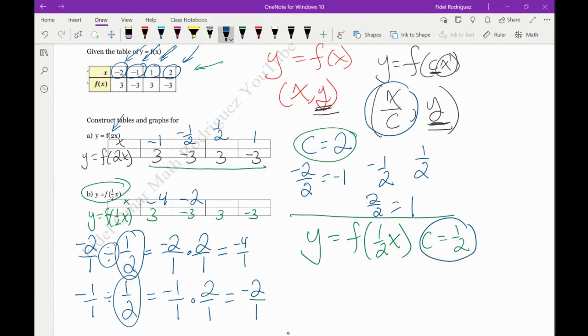And we'll do the same thing for the third one. So we're going to take 1. I'm going to think about it as 1 over 1 divided by 1/2. So that becomes 1 over 1 times the reciprocal of this one, 2 over 1. So as I go straight across, that's 2 over 1. That just becomes the number +2. And then the very last one, this one right here.